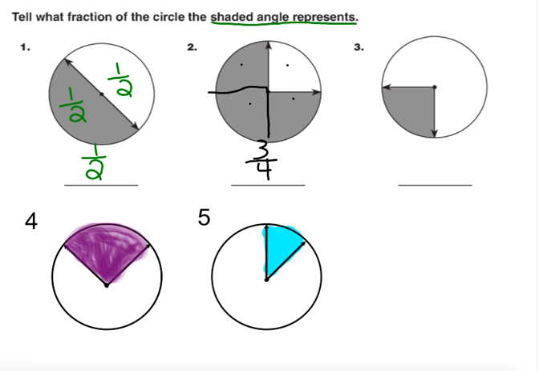Same thing on here. This board is a little off today. So again, 4 parts, but only 1 is shaded out of the 4. It's 1/4.